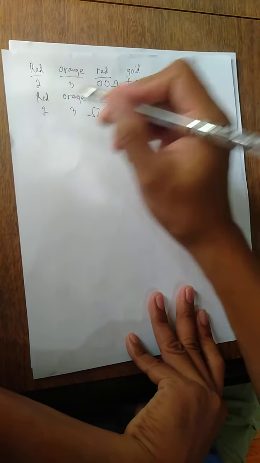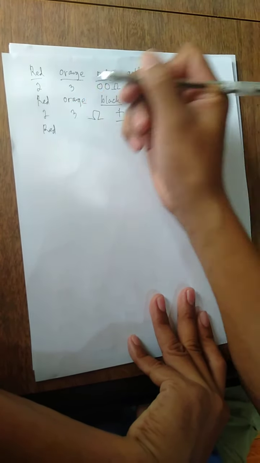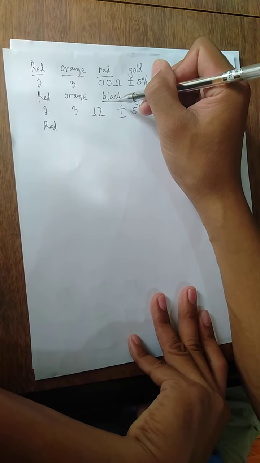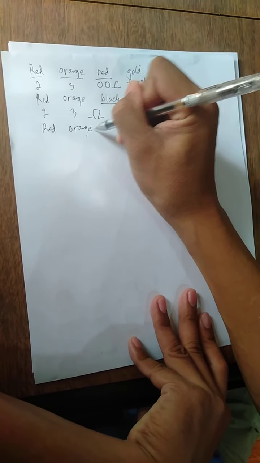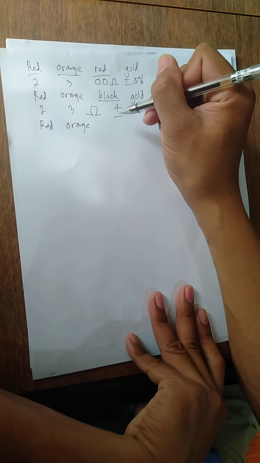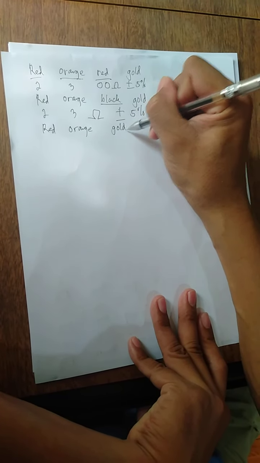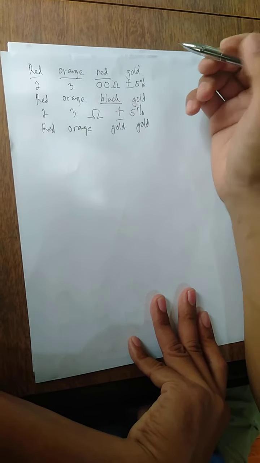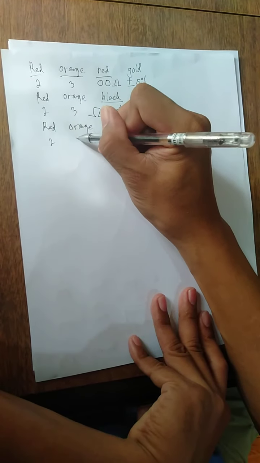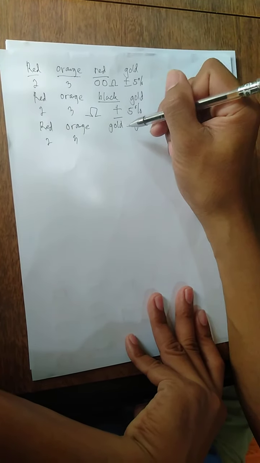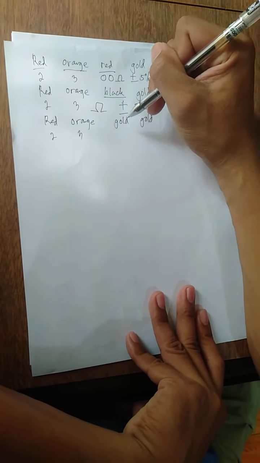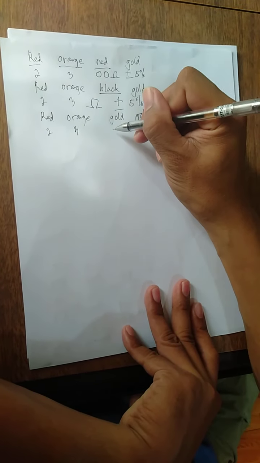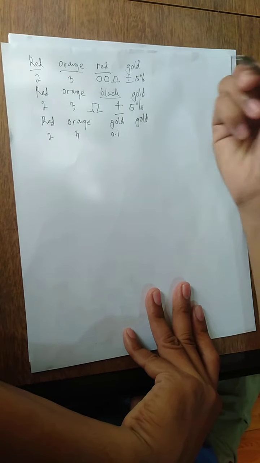Okay? Next. What if the third color is gold? So I will still use the same colors. Red, orange, gold, gold. Okay? So this is 2, 3. Now, if gold is used as the multiplier, its value will become 0.1.